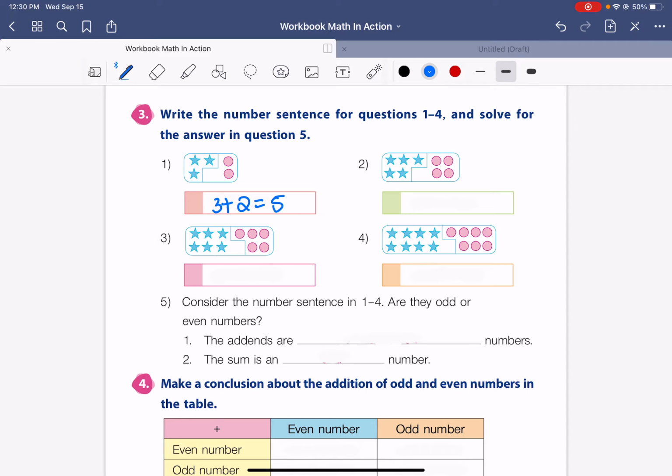Here we have 5 stars plus 4 circles. 5 plus 4 equals 9. Number 3, we have 6 stars plus 5 circles. 6 plus 5 equals 11. Here we have 8 stars plus 7 circles equals 15.